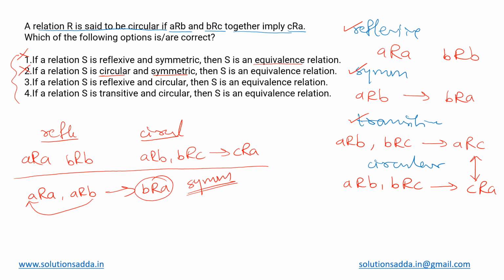Let us also check out if we can derive the transitive property or not. For that, what can we do? We know that it is reflexive and it is symmetric as well. So if we apply this in the circular property, it is able to derive C relates to A. And after combining it with this symmetric property, we will be able to say that it is also able to derive A relates to C. So A with B, B with C, they will be able to imply A relates to C. So that is our transitive property, which means we have derived all of them.